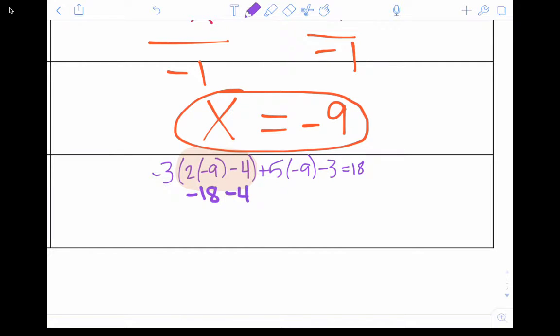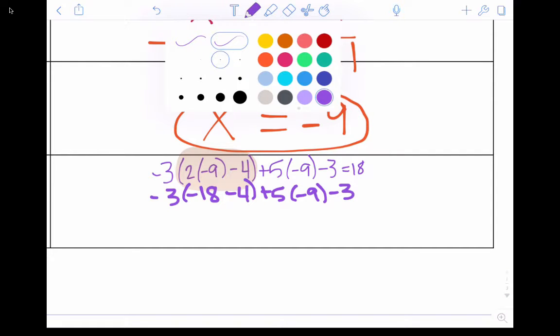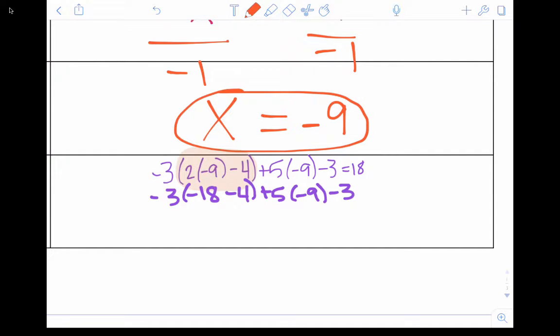And I'm copying everything else down. I'm doing this one step at a time. And now inside of that parentheses, I have negative 18 minus 4. And so I'm going to add the opposite. Negative 18 plus a negative 4 is negative 22. And I'm bringing everything else down.